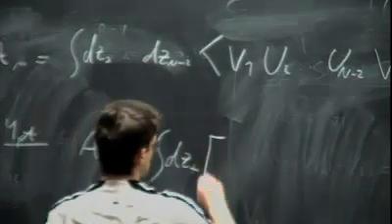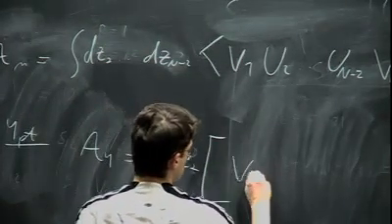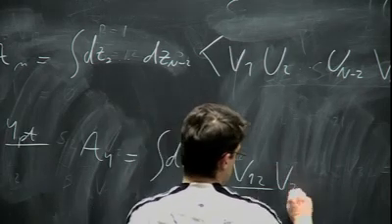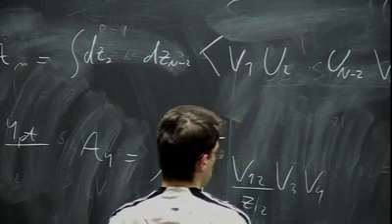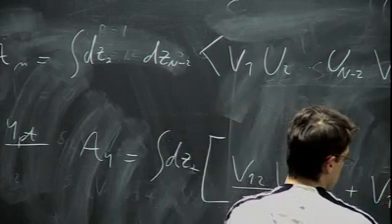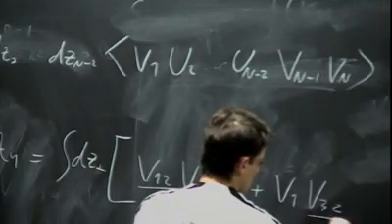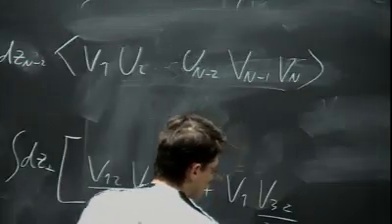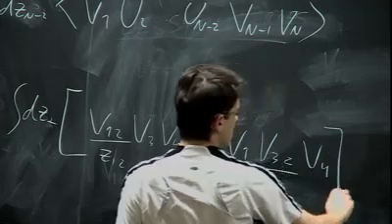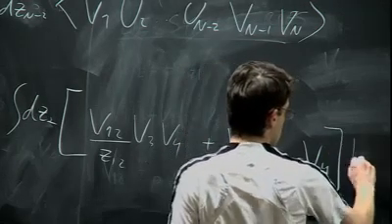That was Z2, then V1,2 over Z1,2, V3, V4, plus V1, V3,2 over Z3,2, V4, and everything multiplying the Koba-Nielsen factor.